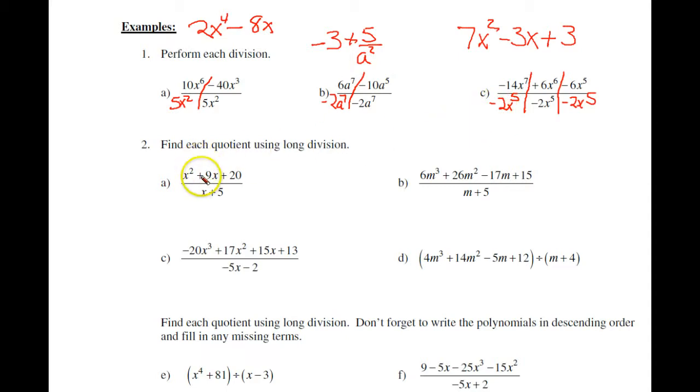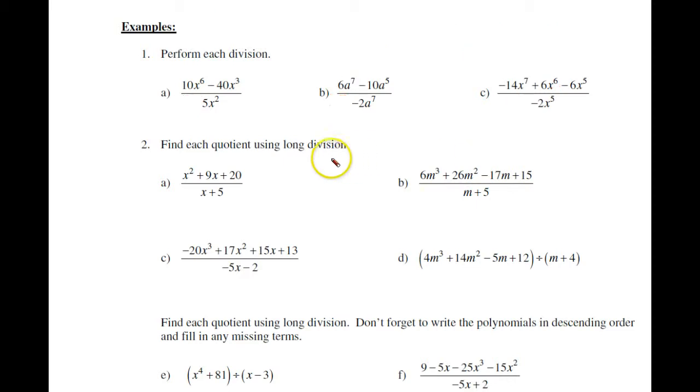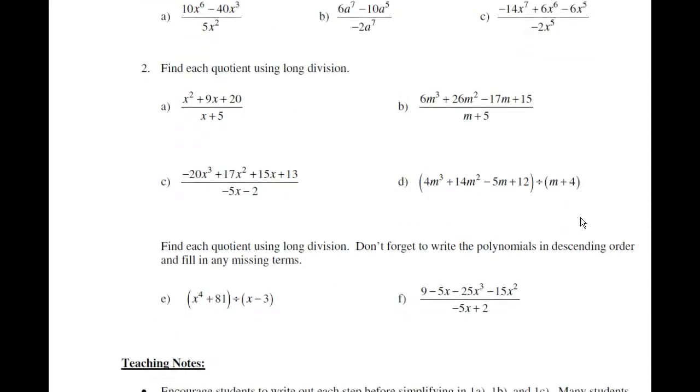Now, in this next one, what we are doing is dividing a trinomial by a binomial, a polynomial by a binomial. So this technique, and they're actually telling you what to do here, do it by what they call long division.